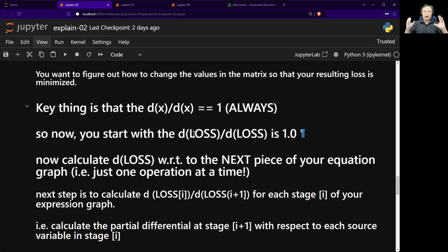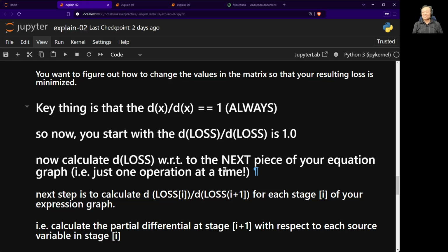Let's assume that you somehow arrived at the final value of the loss, meaning the loss is some scalar value that is usually going to be greater than or equal to 0, and then feeding into the loss is some very complicated mathematical expression that ends in the inputs and in the middle has some matrices that are randomly initialized somehow. So now what you can do is calculate d loss with respect to the next stage.